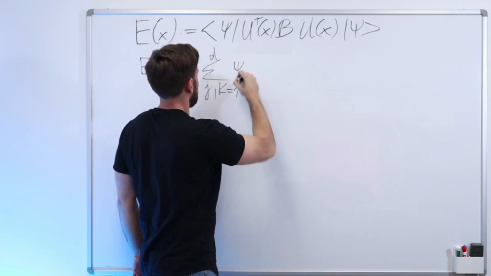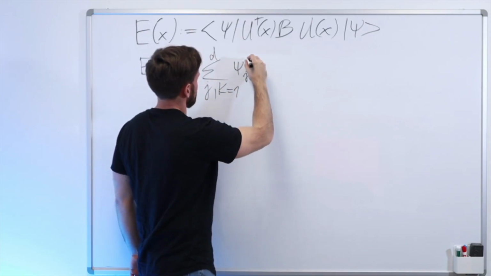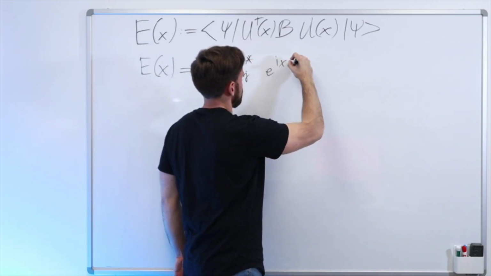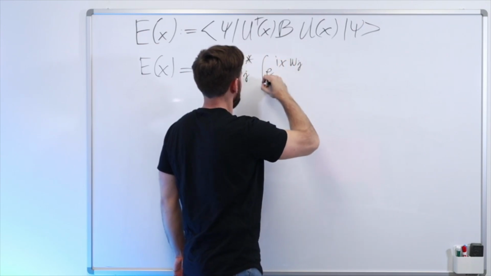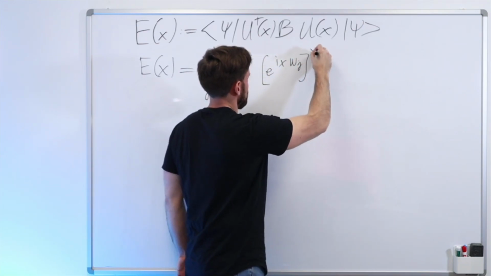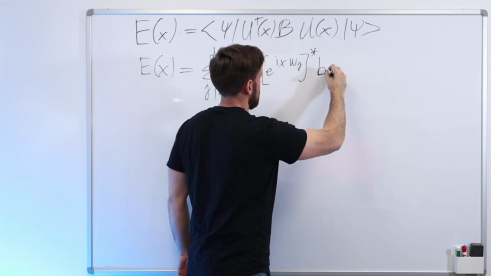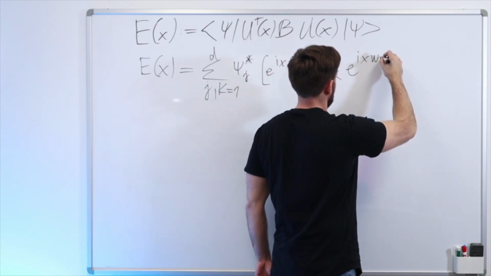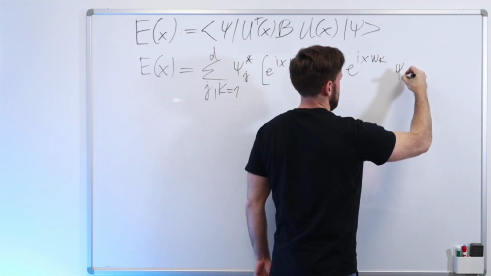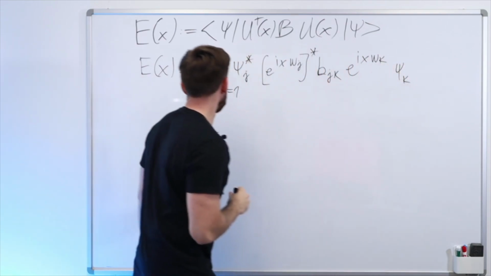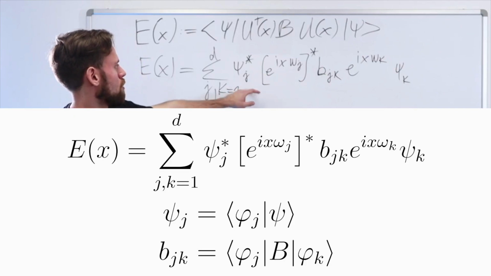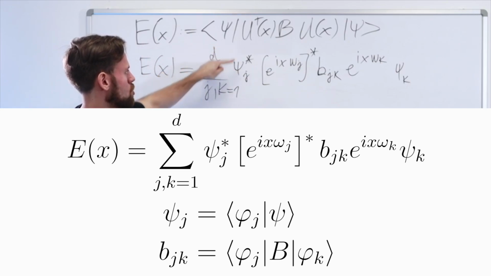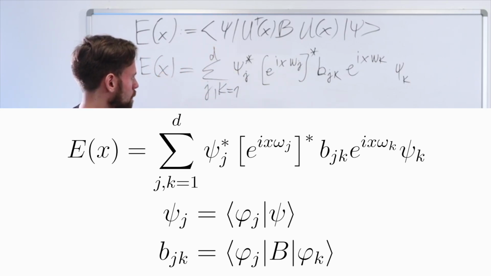So we will have the component psi j conjugated. We will have e to the power of i x omega j, this whole expression conjugated, b jk, e to the power of i x omega k, and psi k. Based on the definitions of psi j and b jk, we can convince ourselves that these two equations are equivalent.